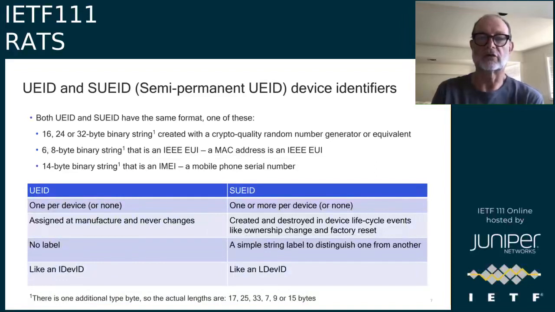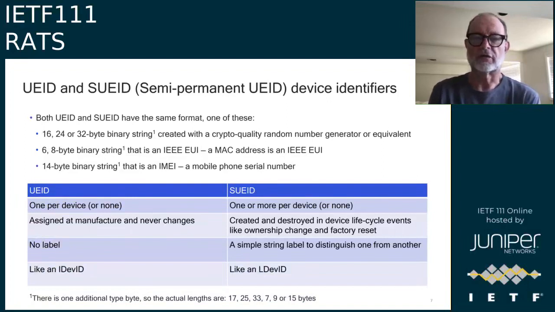Another way to do it is just to reuse a MAC address, same as an EUI-64. The global uniqueness of that is based on management by the IEEE. And then you can also do a 14-byte IMEI. Again, that's managed, I think, by 3GPP, the uniqueness of it.